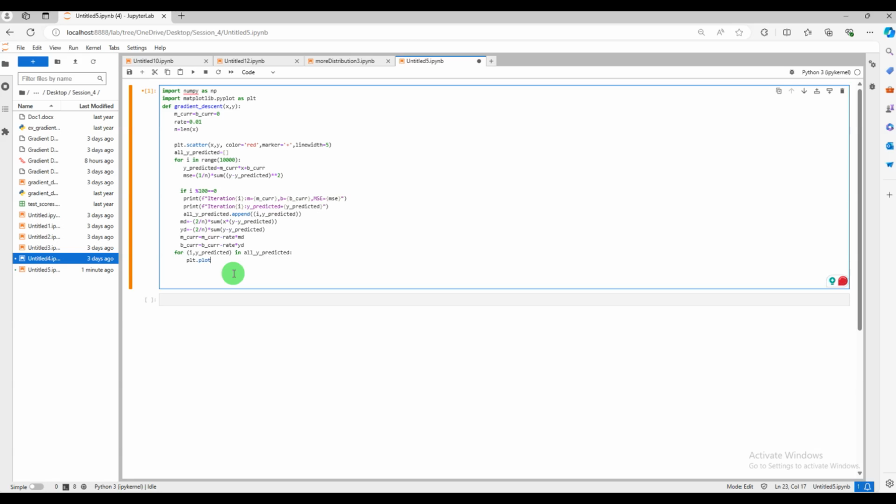After that, plot the predicted y value against the input data x and label the line with the iteration number.